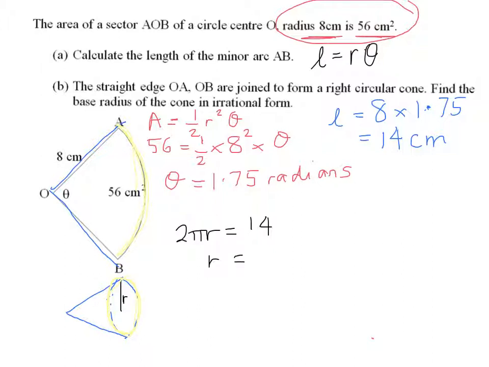So rearranging that to make r the subject, you can see that r is going to equal 14 on 2 pi, or simplifying that will make 7 on pi, and we do want to leave it in that form because the question says to find the radius in irrational form. And because the arc length there was in centimetres, the radius is going to be in centimetres.